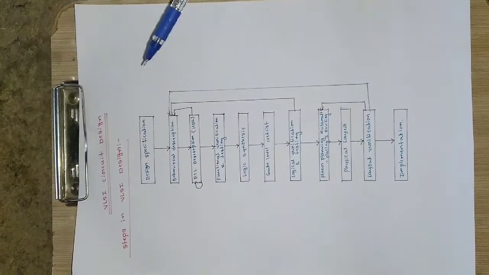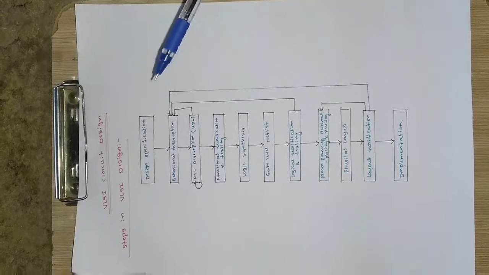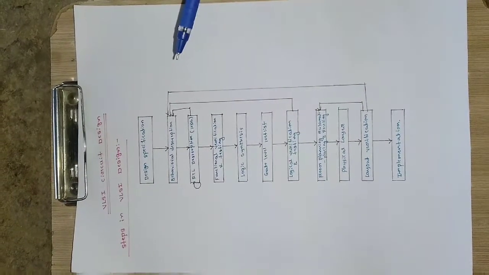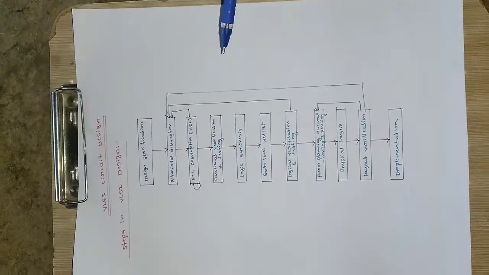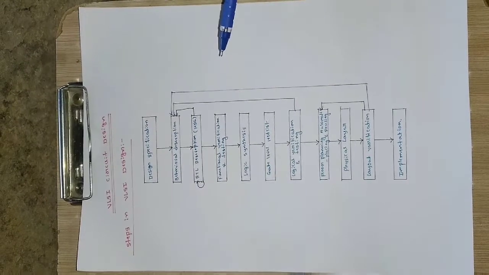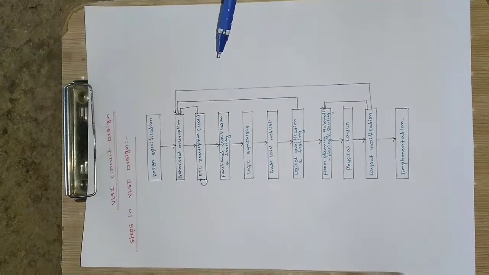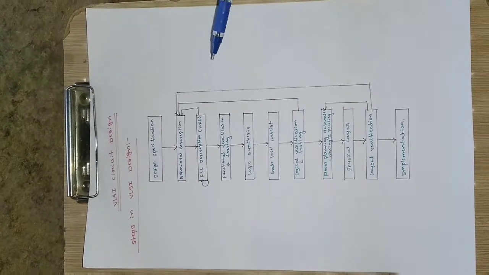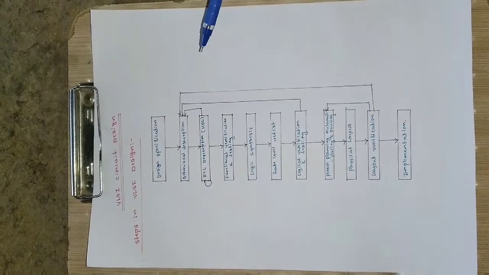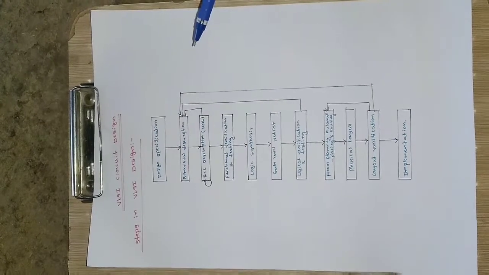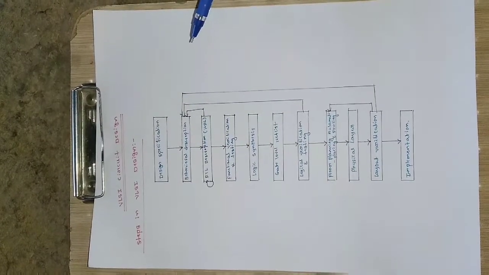So the first step is design specification. So what is meant by design specification? If you are designing, let us say, a full adder, we know we should have three inputs A, B, C, and it consists of two outputs, the first one is the sum and the second one is the carry.